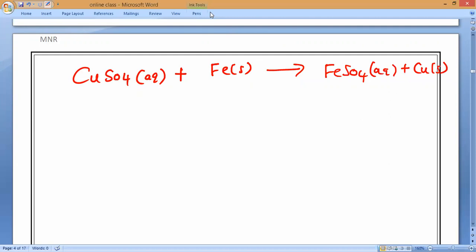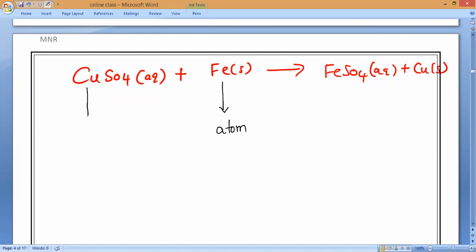Now, be very smart and think carefully. What is the state of iron? Is it atom or ion? Atom.